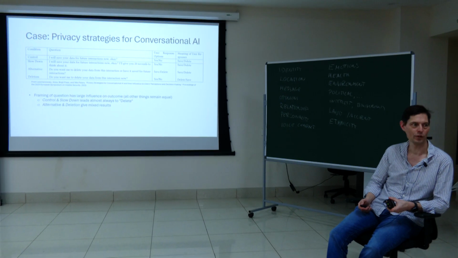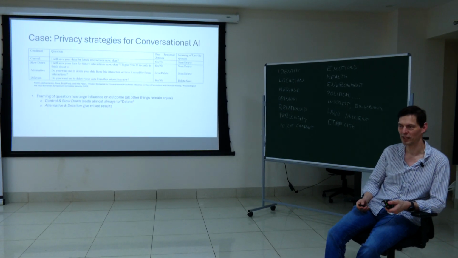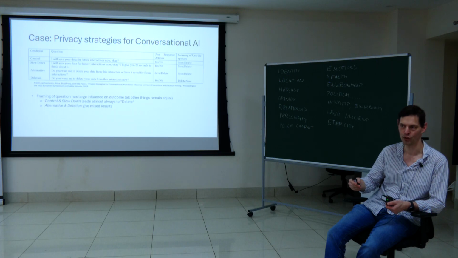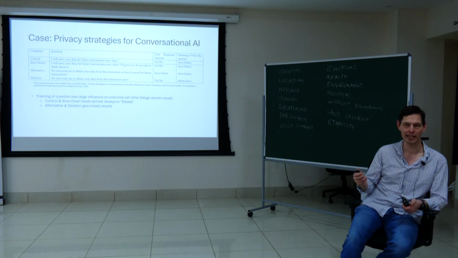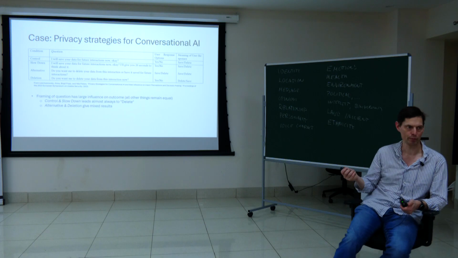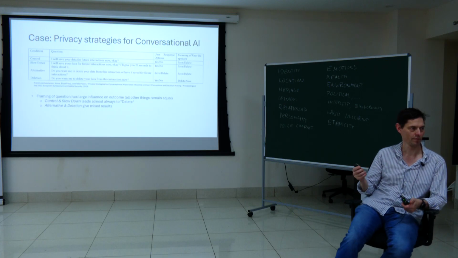This is not at all talking about how humans should behave, it's just observing how they behave. But I think it is interesting to think about what they communicate about privacy in these different cases.